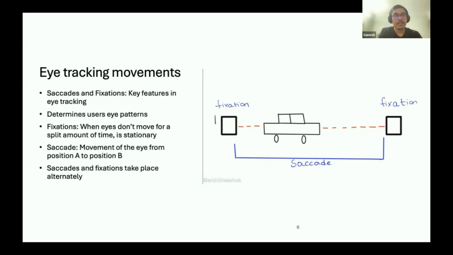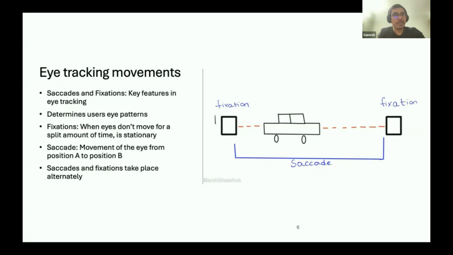These two are the main features of eye tracking, which are used to identify a user. What we tried to do in this research is use eye movements to identify users.